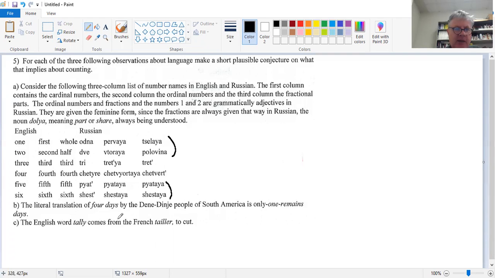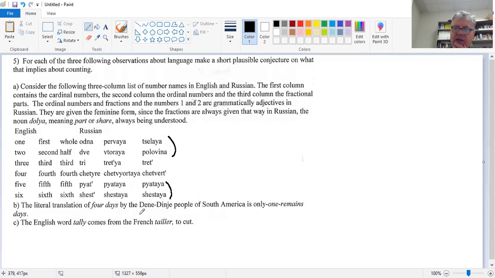So for part B, we've got for 4, only one remains. So where can that come from? My guess would be that there's something happening with 5, right? There's something happening with the hand. So this is base 5 maybe, and these people are counting with a hand.